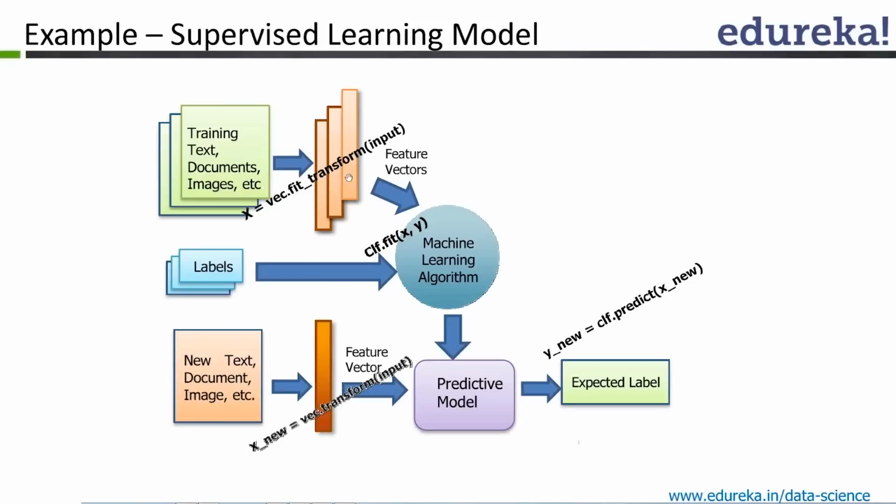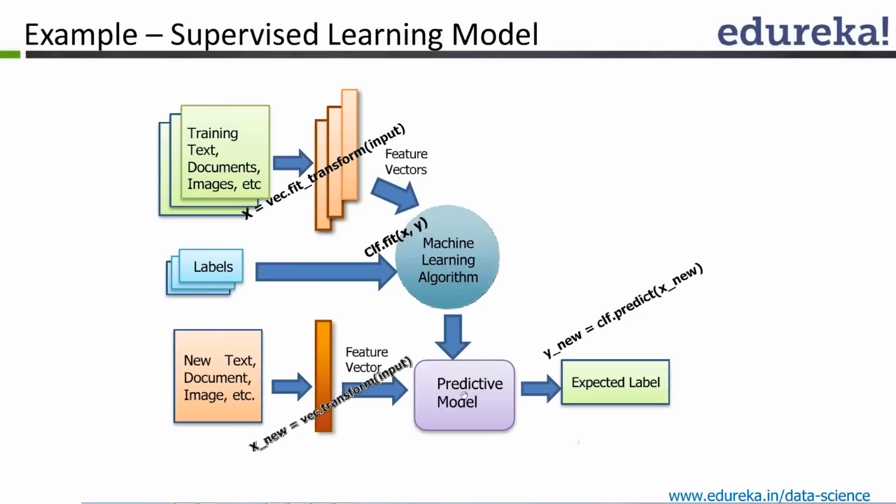This would be the input to your machine learning algorithm. And since it's supervised, along with the data, you need some kind of desired result as well, which we called the class label. So it takes the feature vectors and the labels, and then builds a machine learning model or a classification model.